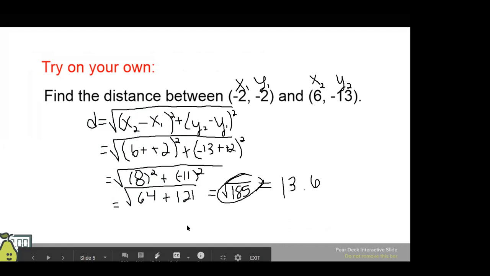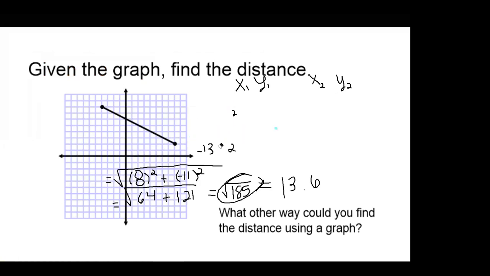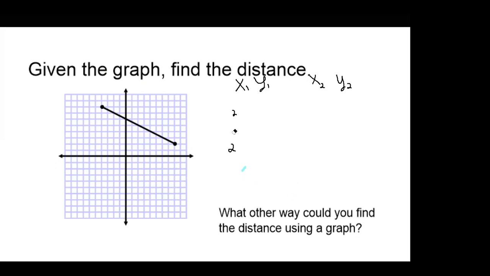Let's find the distance using the graph. Okay, so notice here, what do we have to find? Yeah, we got to find the distance, but do we know where these points are? We'd have to find the coordinates of X1 and X2, right? And Y1 and Y2.